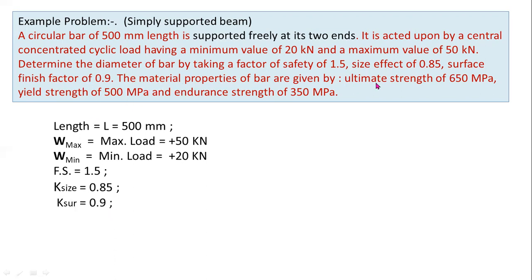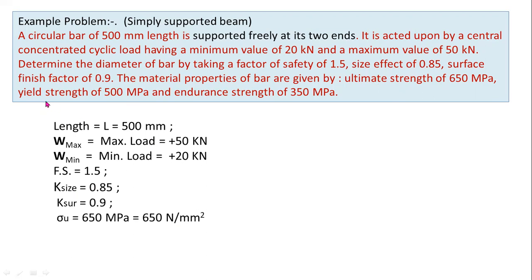And ultimate strength, that is sigma u equal to 650 megapascal. 1 megapascal equal to 1 Newton per mm square, so 650 Newton per mm square. Sigma u is the ultimate stress or ultimate strength.